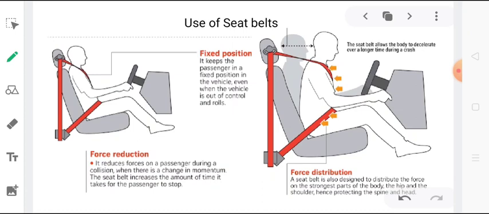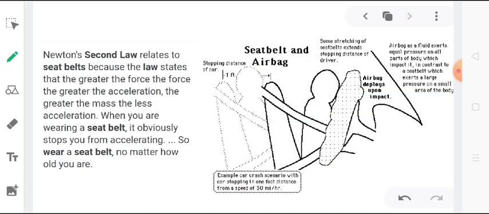Seat belts are stretchable in nature. As the seat belts are stretchable, as you can see in the second picture, it distributes the force on the strongest parts of the body, the hip and the shoulder, hence protecting the spine and the head. So obviously it is always advisable to use seat belts.